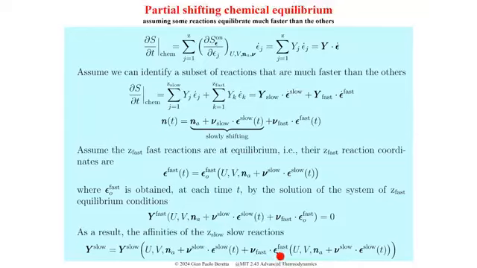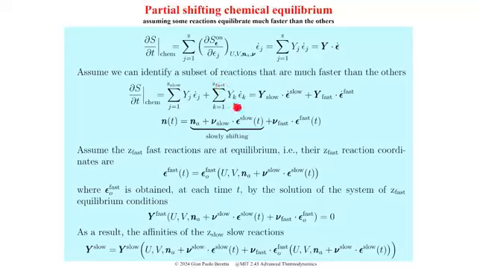And so now you see that the fast reactions advance, so these epsilon zeros advance following the slow ones, and their advance affects the affinities of the slow reactions.